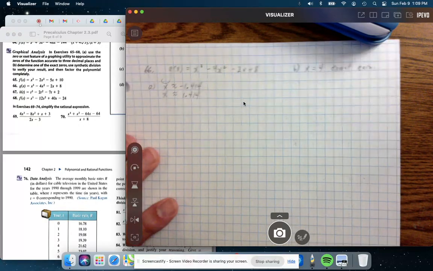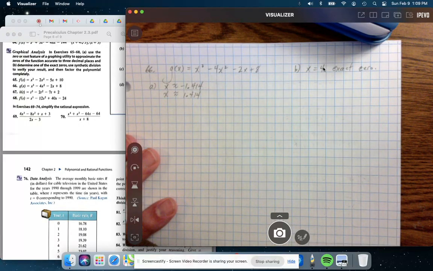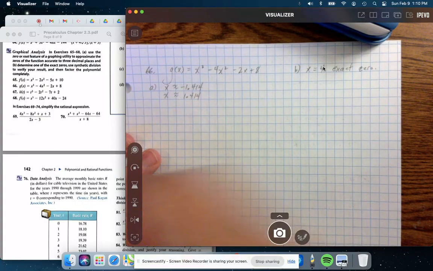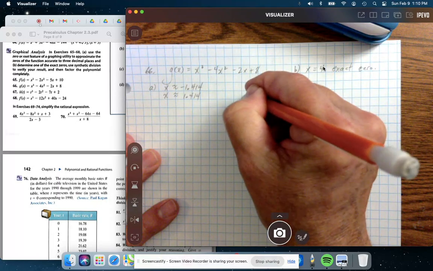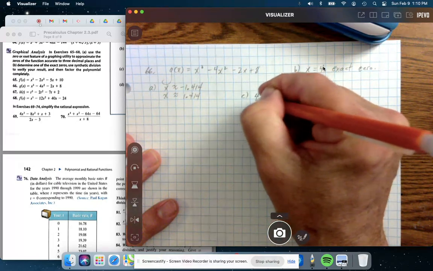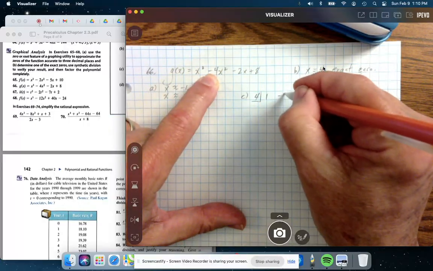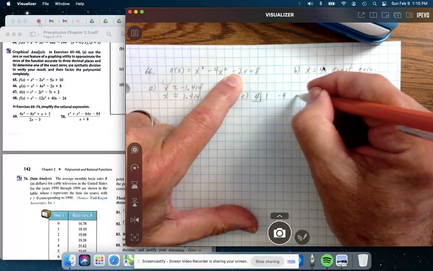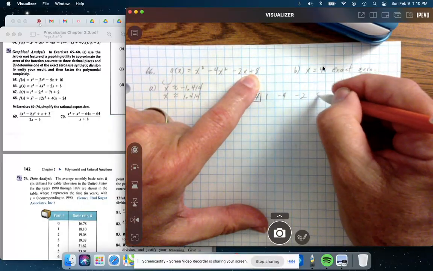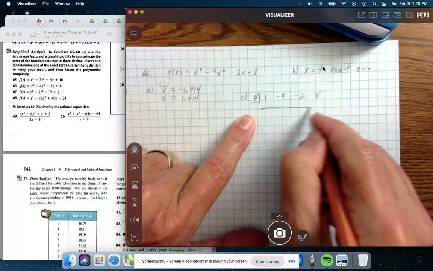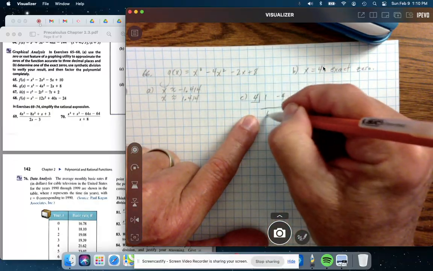Okay, so what that means is, since 4 is an exact 0, then x minus 4 is a factor. So I can do synthetic division with 4. So this gives me 1, negative 4, negative 2, 8. Bring the 1 down. 1 times 4 is 4.